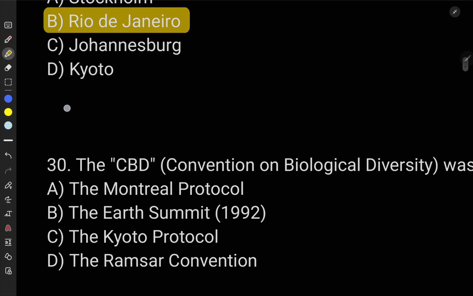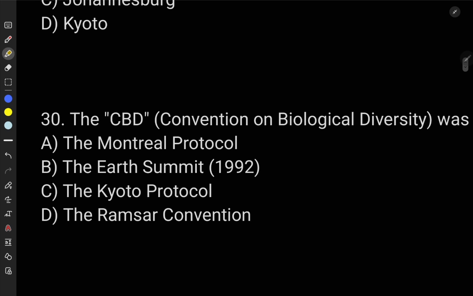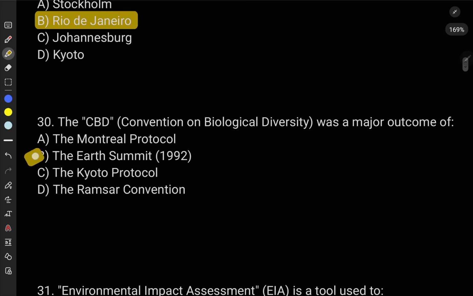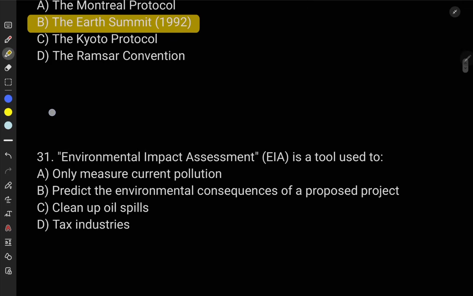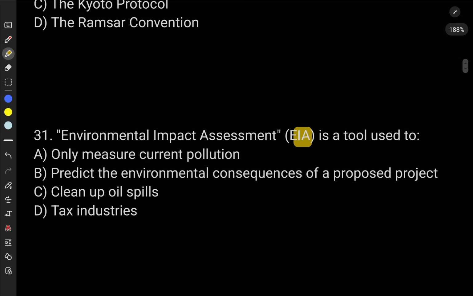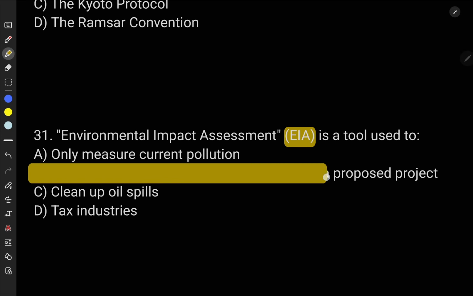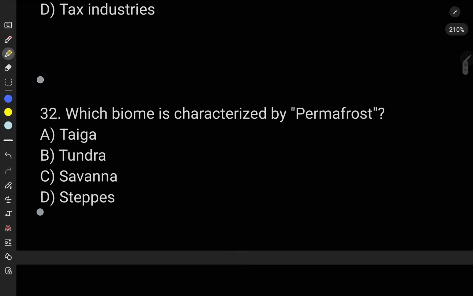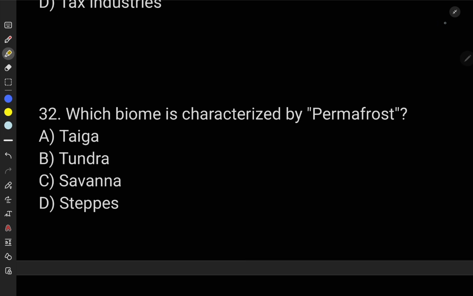The CBD, Convention on Biological Diversity, was a major outcome of Earth Summit 1992. The Environmental Impact Assessment, EIA, is a tool used to predict the environmental consequences of a proposed project. Which biome is characterized by permafrost? Option B, tundra.